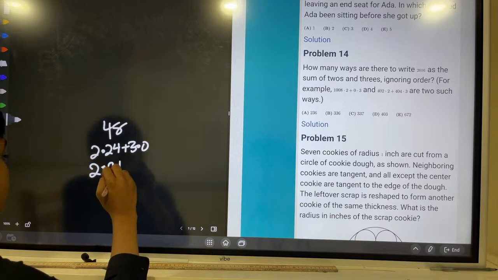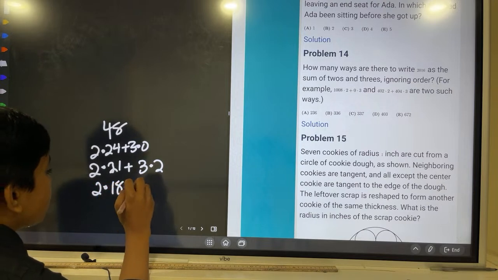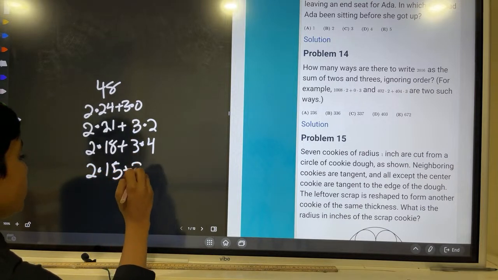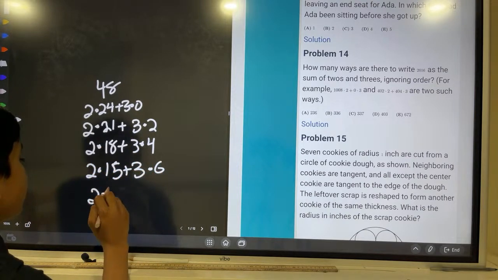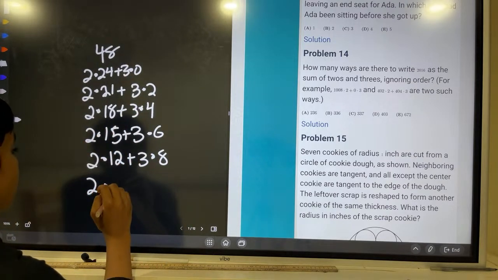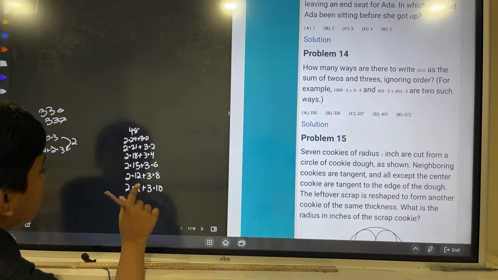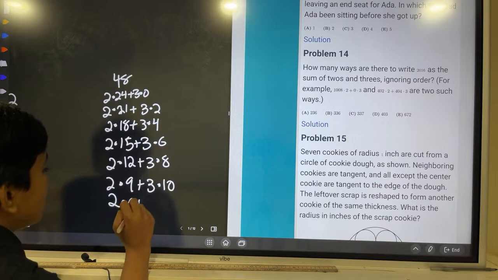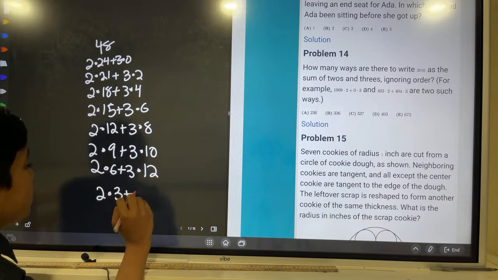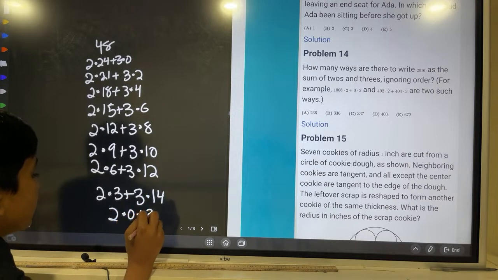So 2 times 21 plus 3 times 2, 2 times 18 plus 3 times 4, 2 times 15 plus 3 times 6, 2 times 12 plus 3 times 8, 2 times 9 plus 3 times 10, 2 times 6 plus 3 times 12, 2 times 3 plus 3 times 14, and 2 times 0 plus 3 times 16.